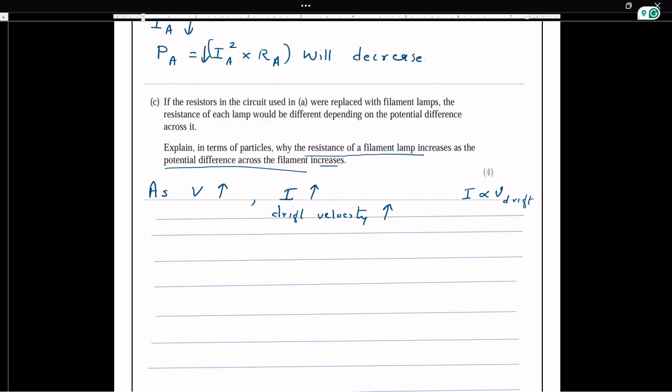So what is happening? The collisions of electrons increase, and they lose energy and heat is developed.